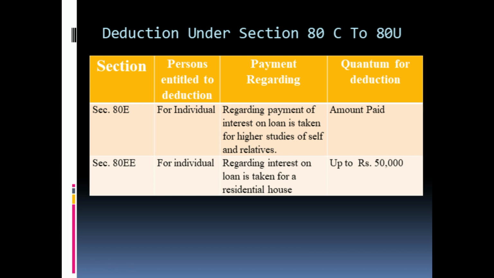Next, deduction under section 80E. This is also applicable for individuals. Here the payment is regarding interest on loan taken for higher studies of self and relatives. Here the whole amount that we spend on the educational loan interest can be taken as the qualifying amount of deduction. Next, deduction under section 80EE for individuals regarding interest on loan taken for a residential house. Here the qualifying amount of deduction is up to rupees 50,000.